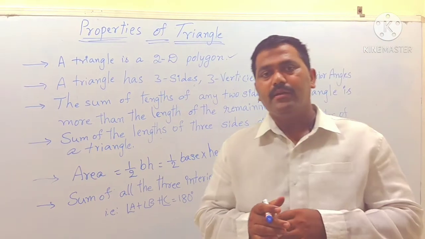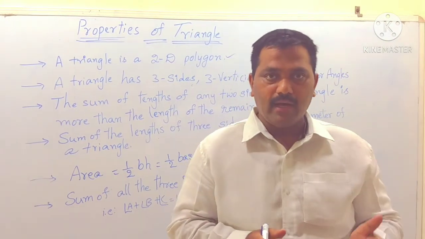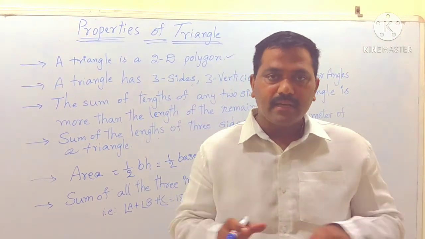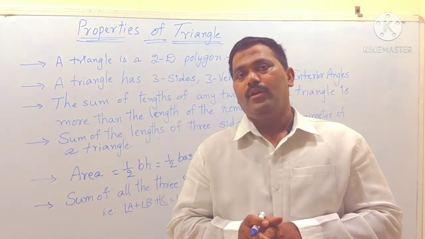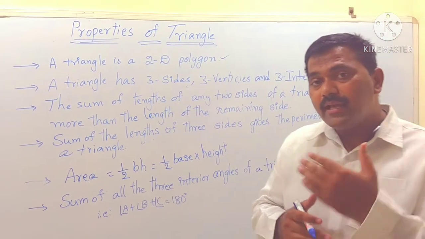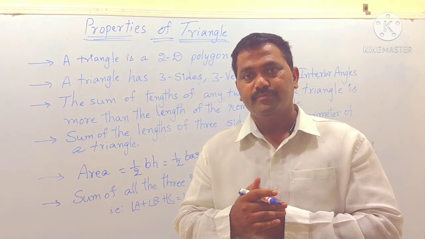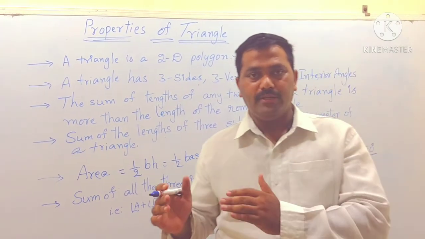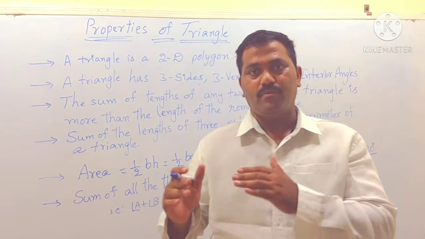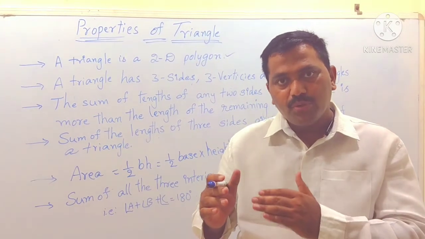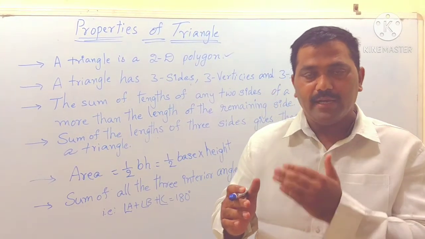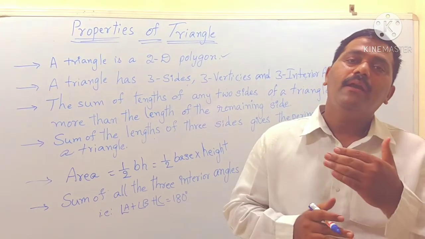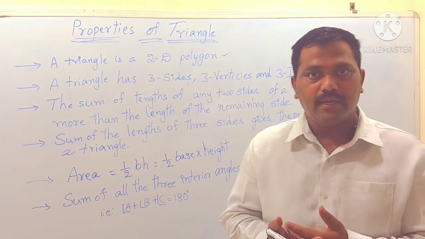What is perimeter? The sum of all the sides is called perimeter. Next, what is the area of a triangle? Half base into height, half into base into height, is called the area of a triangle.